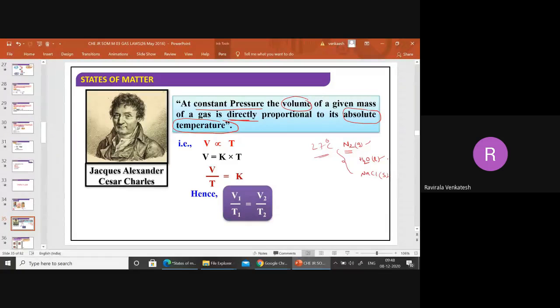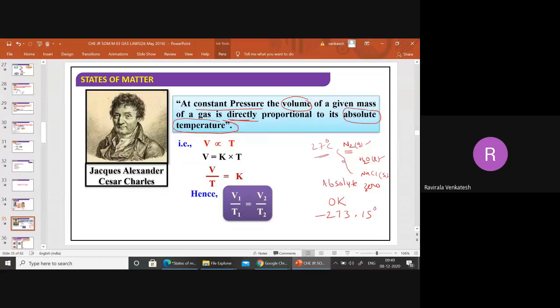But what is absolute zero temperature? Absolute zero temperature means 0 Kelvin, which is minus 273.15 degrees Celsius. Otherwise, roughly you take minus 273 degrees Celsius.